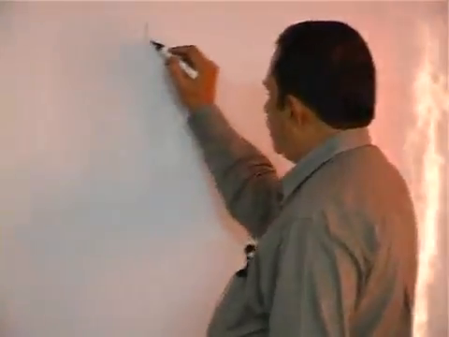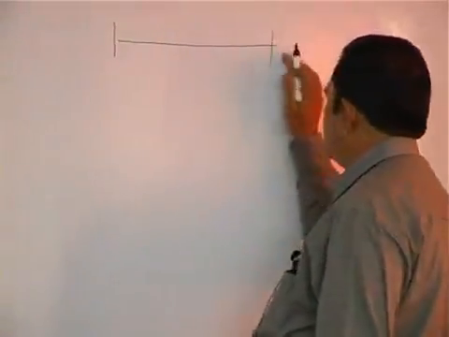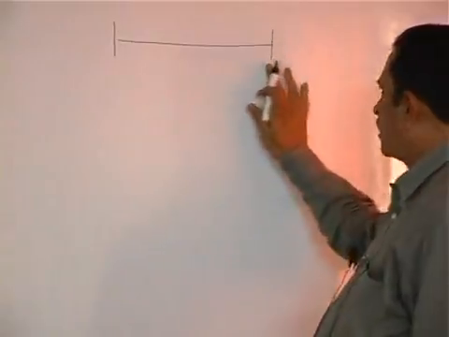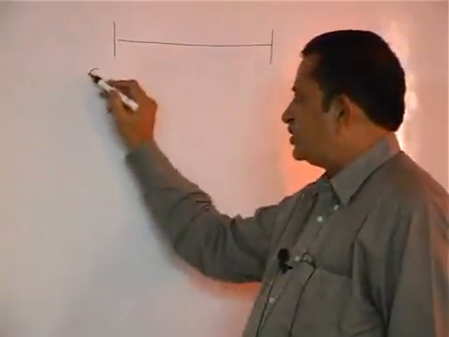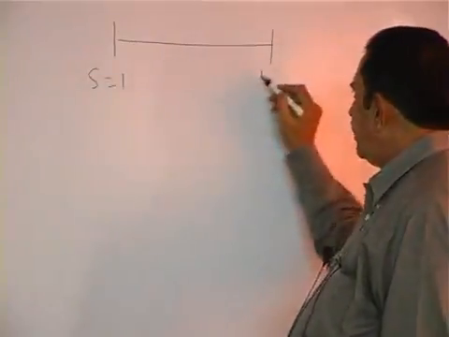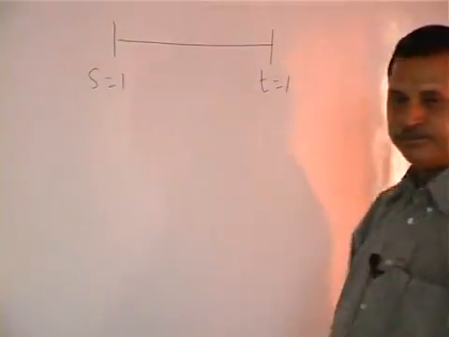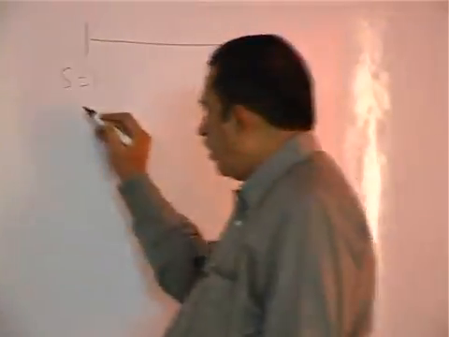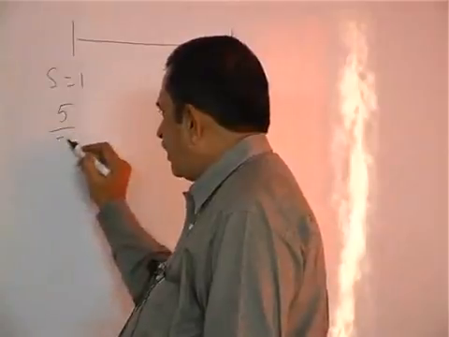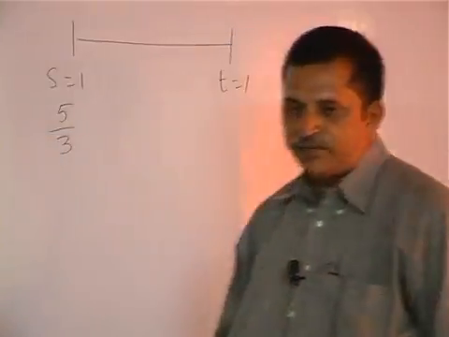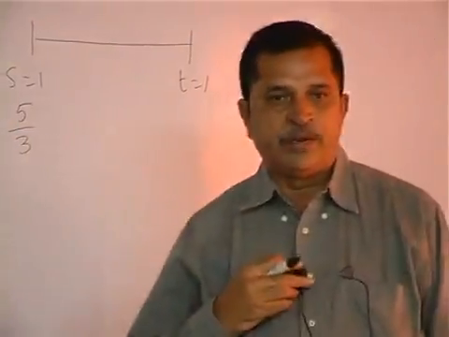See here, a fixed distance is traveled with a fixed speed and reaches in a fixed time. Walking at 5 by 3 of his usual speed, speed is increased.